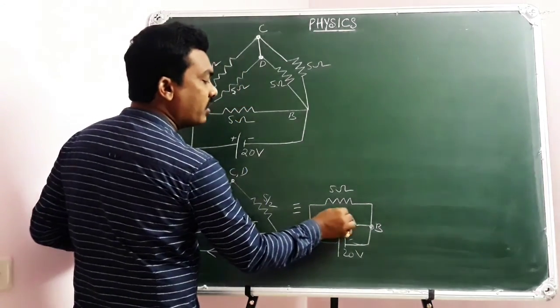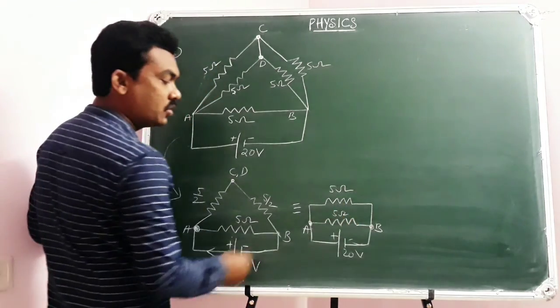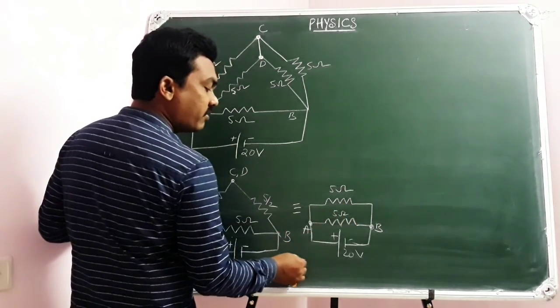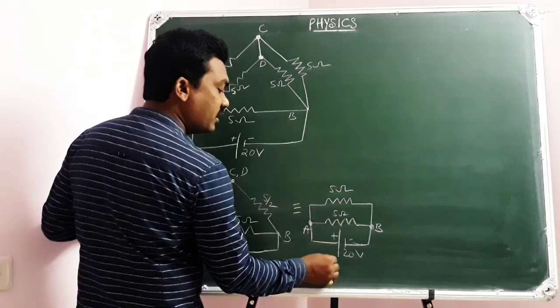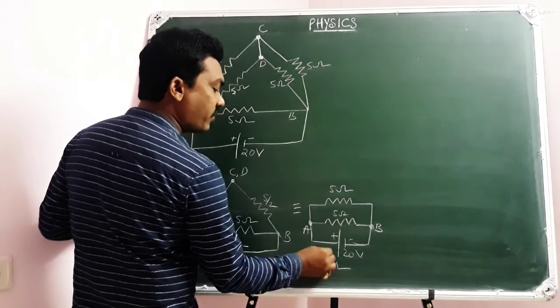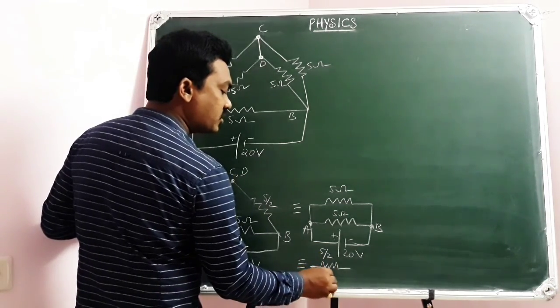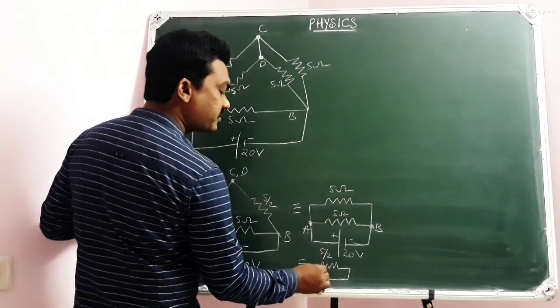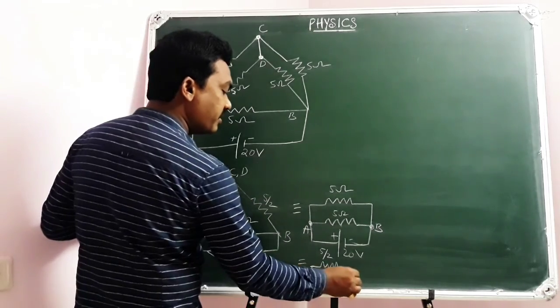Now this 5 ohm and this 5 ohm will be in parallel. So ultimately the equivalent circuit is going to be with an equivalent resistance 5 by 2 ohm connected across the 20 volt battery in between AB.